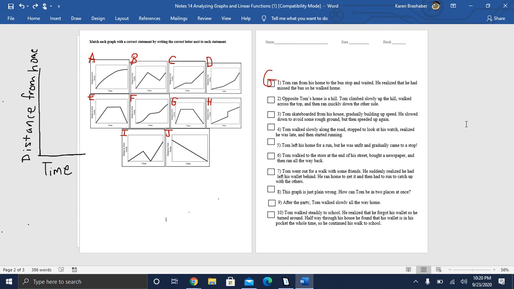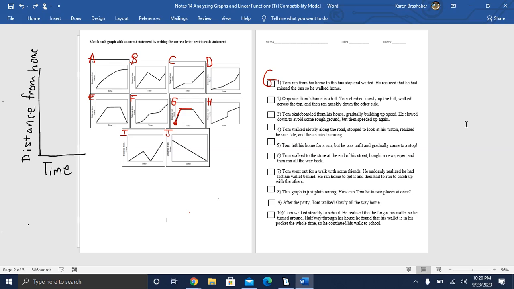It says that Tom ran from his home. So right here in the corner for G is home, and this is at time 0. Then he ran from his home. That means his distance from home went up as time went on. And then he stopped and waited. While he's stopping and waiting, his distance from home isn't getting any higher. He's not getting any further from home, but it is taking time.